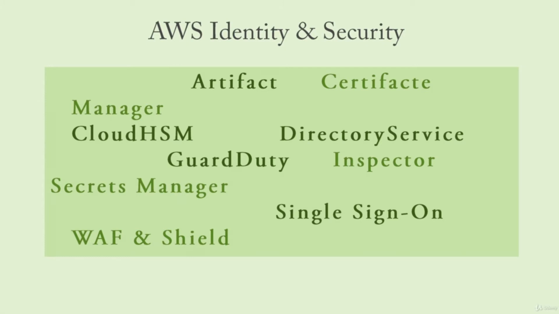We have Artifact, Certificate Manager, CloudHSM, Directory Service, GuardDuty, Inspector, Secrets Manager, Single Sign-On, or WAF and Shield. We have these services at our hand, and we could use these services to secure our applications on the cloud.